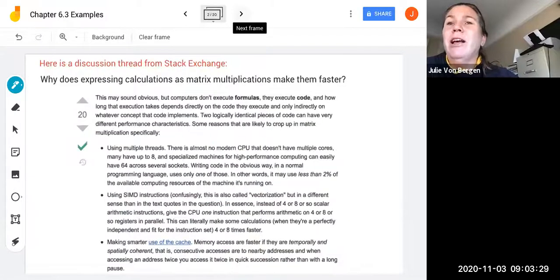So here's a discussion thread from Stack Exchange. You can go search out the discussion, and there are many other discussions online. But I really wanted to go a little more in depth about why expressing calculations as matrix multiplications makes them faster. Here's a response that got 20 upvotes on Stack Exchange. Stack Exchange is a website where folks talk about computing, and sometimes math topics come up in the overlap between computing and math.